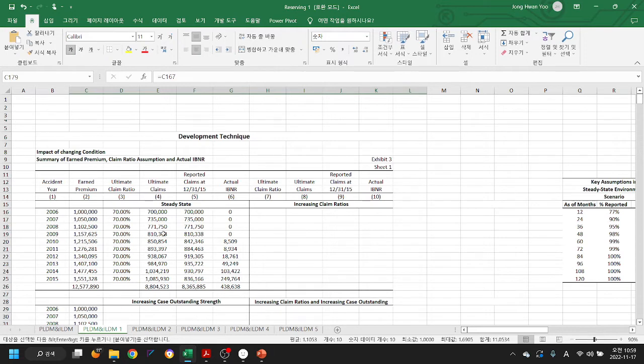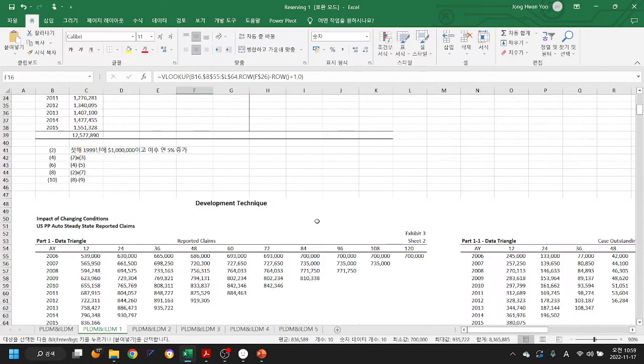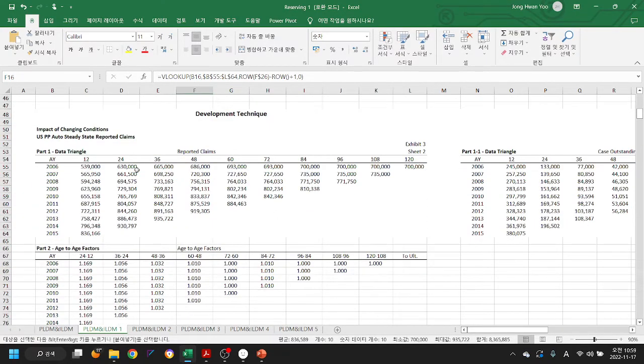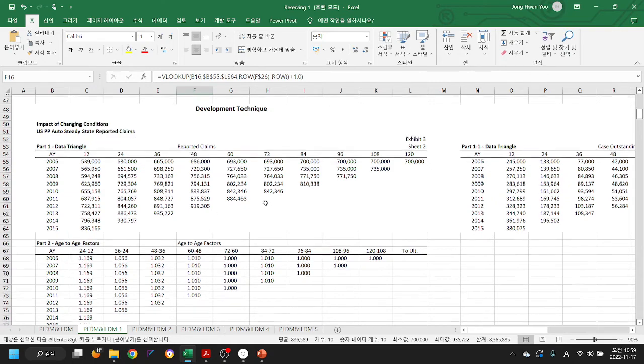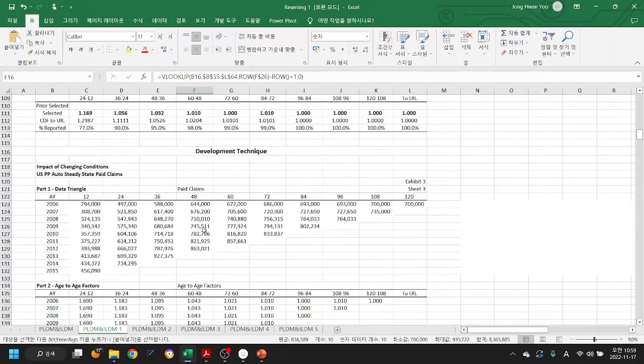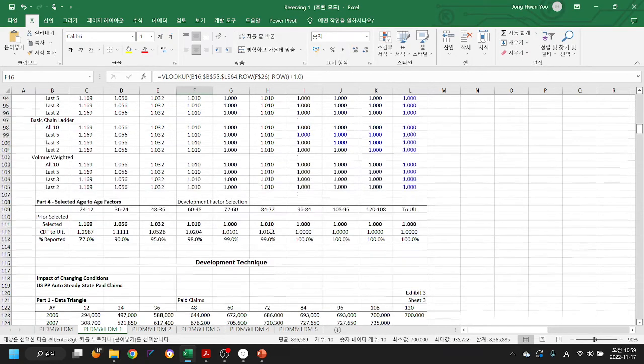So based on all the assumptions, I come up with this one. I created reported loss and also the cumulative paid loss, even though it doesn't say that.